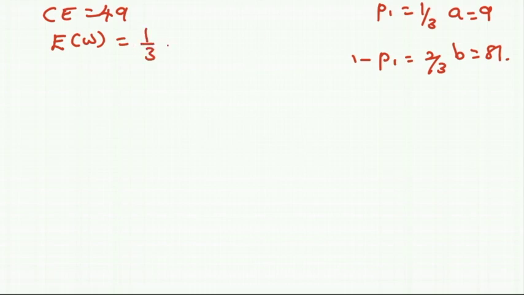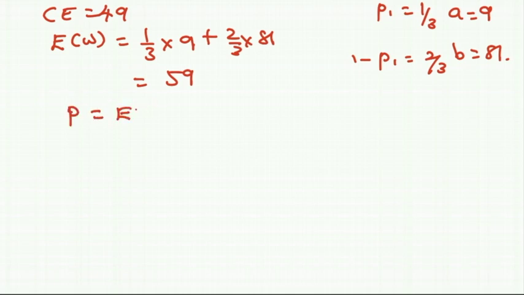So 1/3 times 9 plus 2/3 times 81. It gives us very easily 59. So from here, you can find the premium is E(W) minus CE. And in this case, 59 minus 49, which is 10.